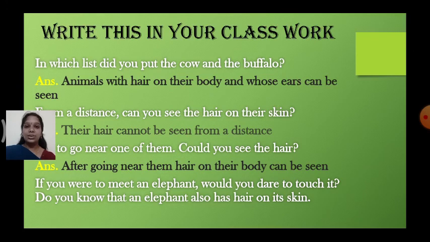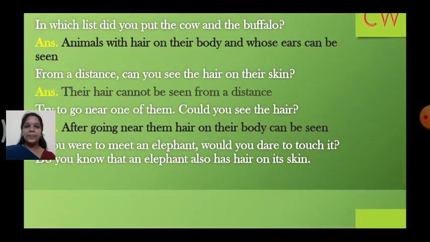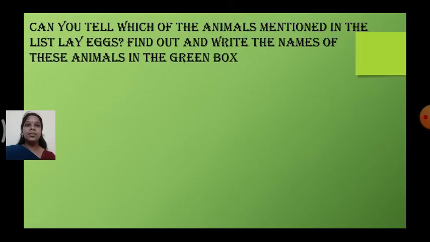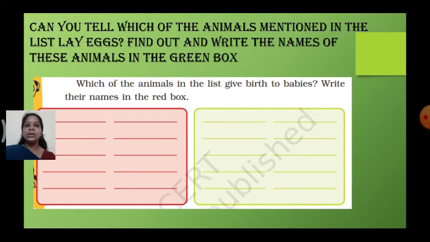This one you have to write in your classwork. Okay, children? Copy these questions in your classwork. Next, can you tell which of the animals mentioned in the list lay eggs? Find out and write the names of these animals in the green box.